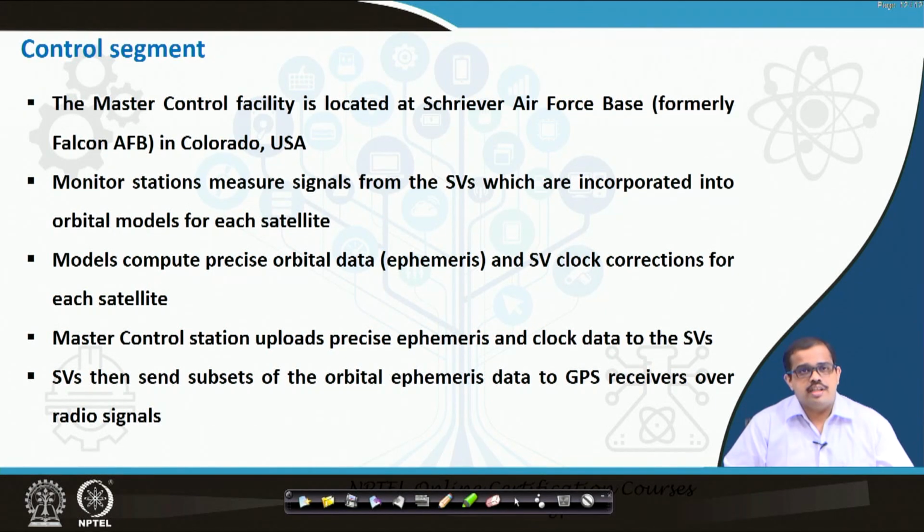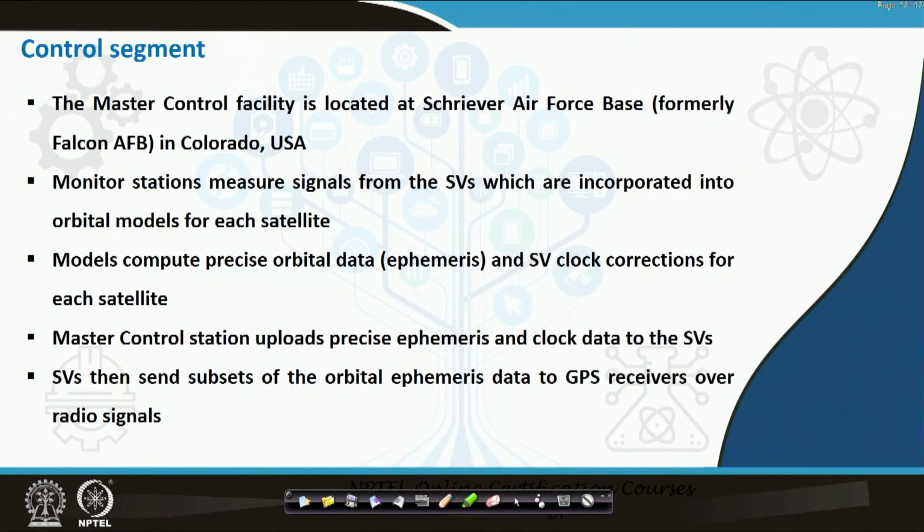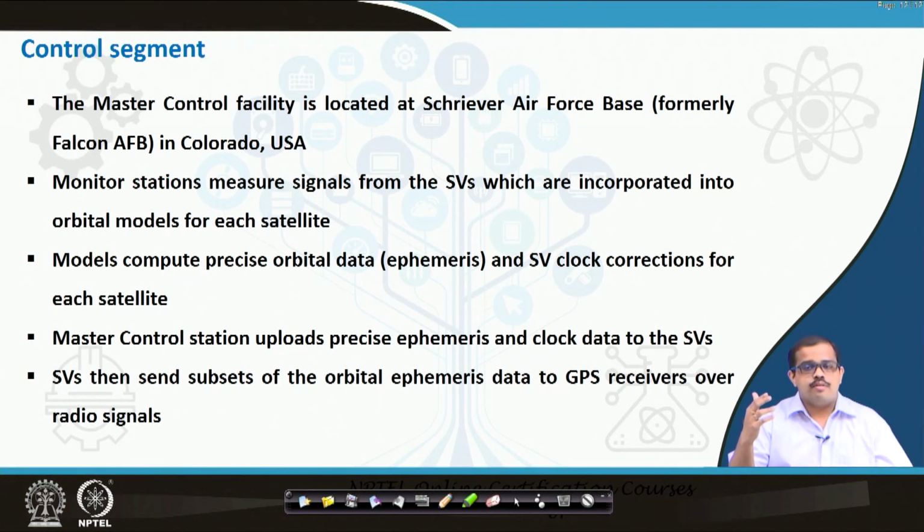Then we have monitor stations that measure signals from the SVs, which are incorporated into orbital models for each satellite. This is a very important point, where the signals are sent from the satellite vehicles so that the orbital models for each satellite are computed. Then the models compute the precise orbital data. This is extremely important in terms of your signals.